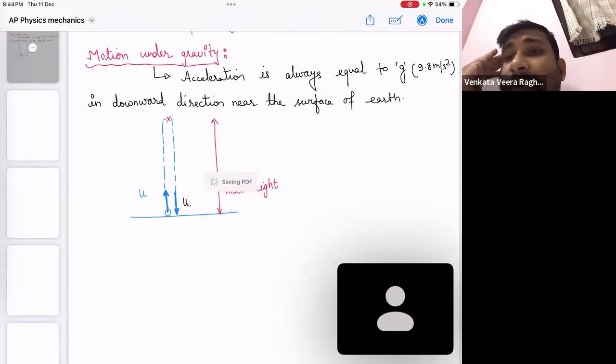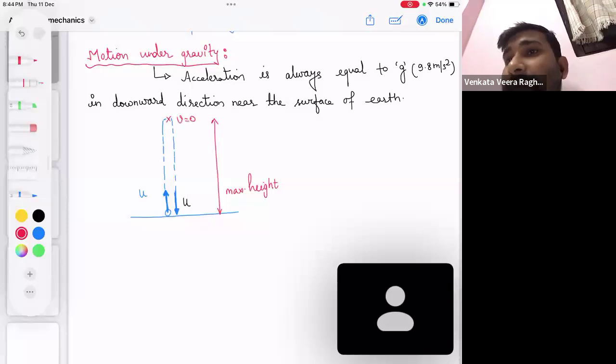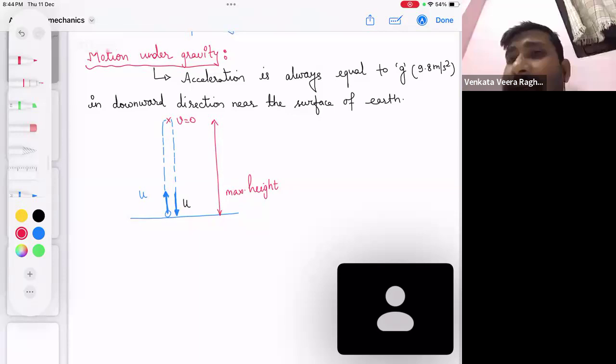Because at the time of reaching that point, the particle's velocity has become zero. So at the maximum height, the particle's vertical velocity will be zero. Clear? And it's just one direction motion. The vertical velocity zero means overall velocity is zero.